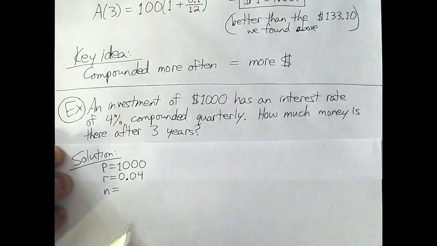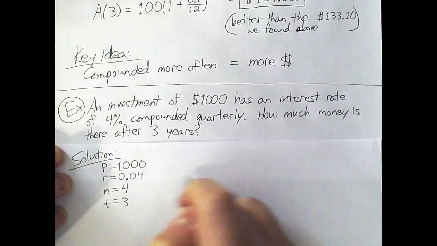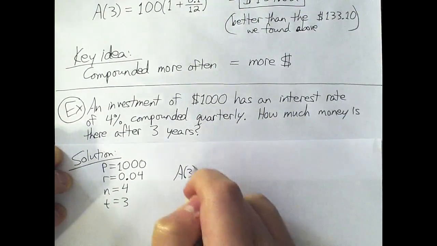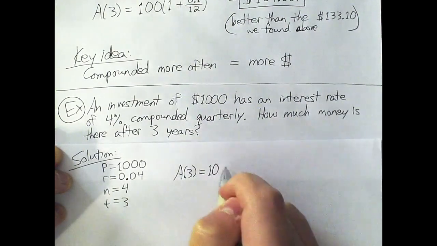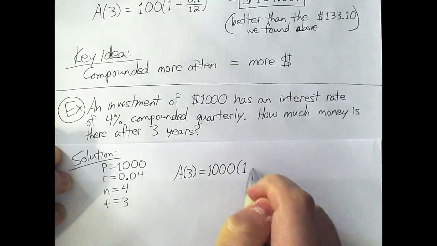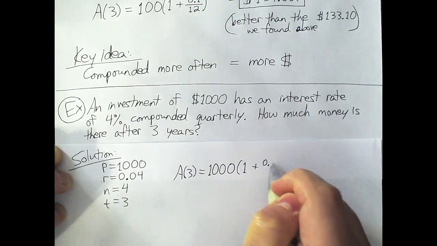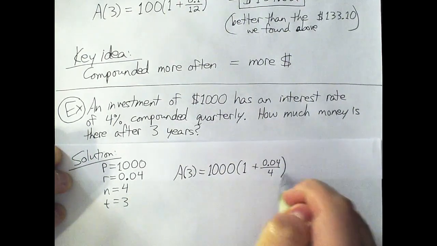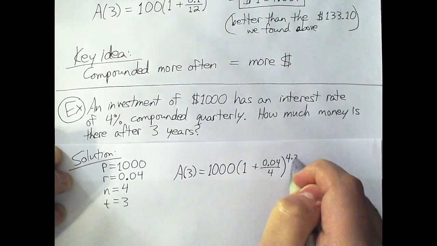It said quarterly, so that's going to be 4 times per year. And T is 3, because it's asking us after 3 years. So A of 3 is what we're looking for. We put the principal first, and then 1 plus 0.04 over 4. And it's raised to the 4 times 3.